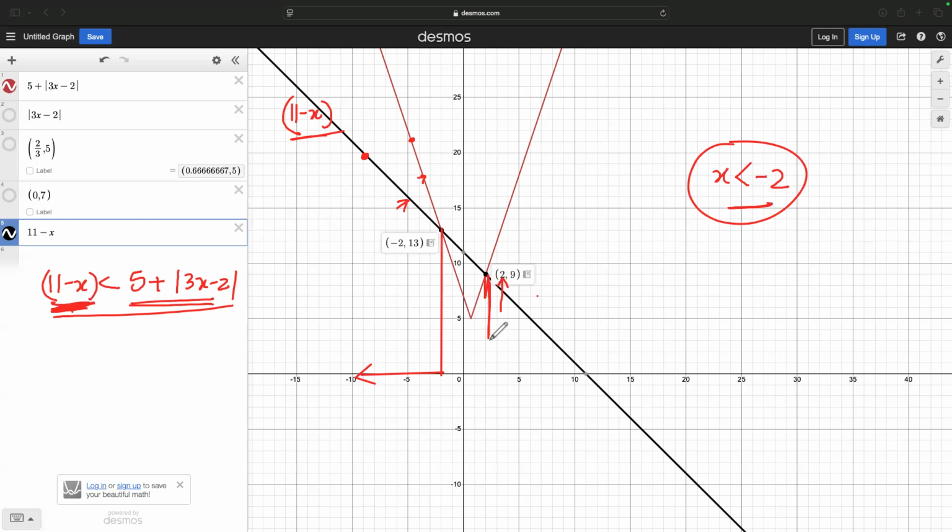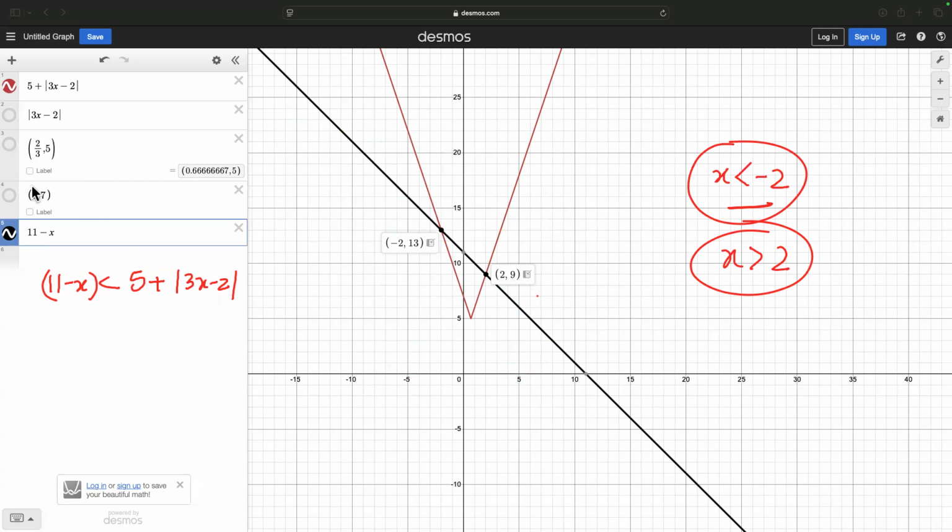And look at this. For the values of x to the right of 2, the black line is also below the red thing. So I say x greater than 2. For all the values of x to the right of 2, I have 11 minus x less than 5 plus mod of 3x minus 2.